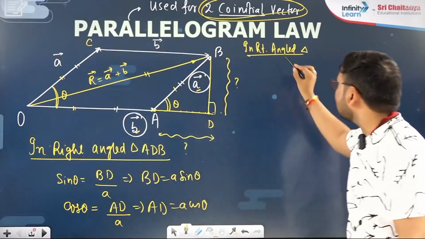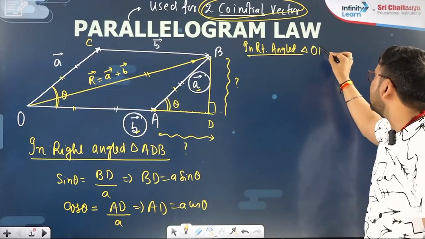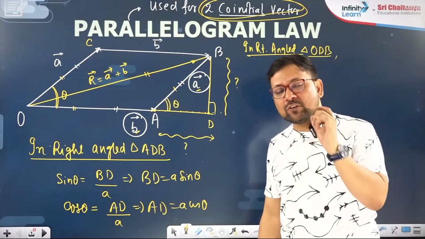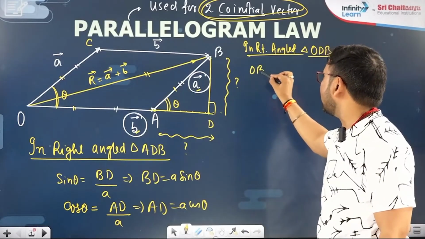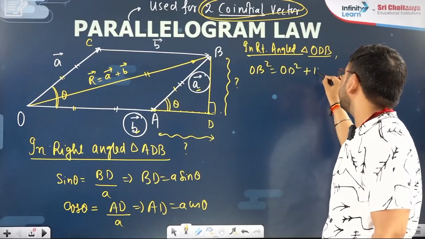Keep calculating. Now please see which right angle triangle I am taking: ODB. In ODB, we will use the Pythagoras theorem. Pythagoras theorem tells us OB square is equal to OD square plus BD square.